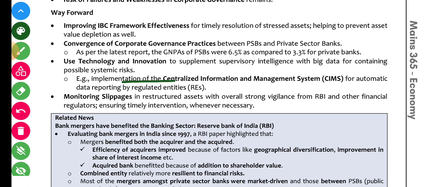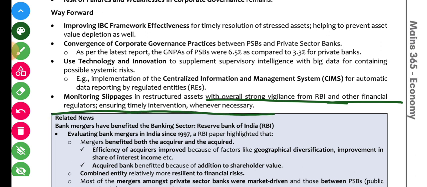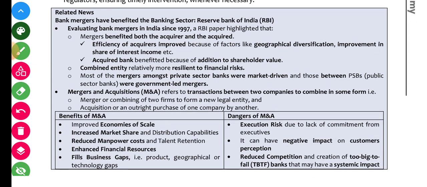For example, implementation of the centralized information and management system for automatic data reporting by regulated entities, monitoring slippages in restructured assets with overall strong vigilance from RBI and other financial regulators, ensuring timely intervention whenever necessary. So keep this in mind.